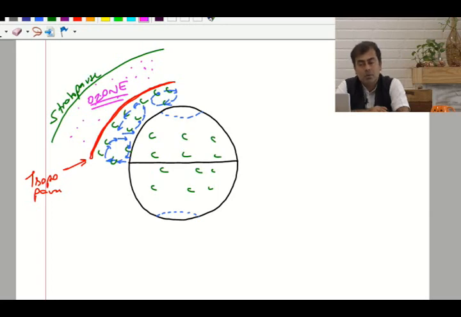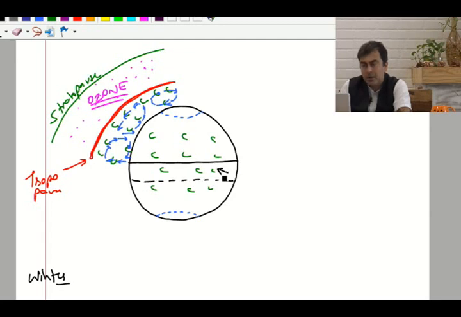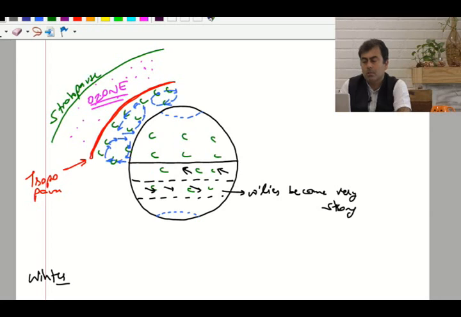But on the poles, something very, very interesting happens. I want to tell you that in the winters, which season? Winter season. If you remember, this belt is the trade wind belt. This belt is the westerly belt. Westerlies become very strong in winter.